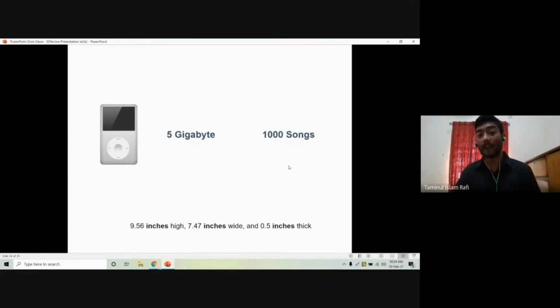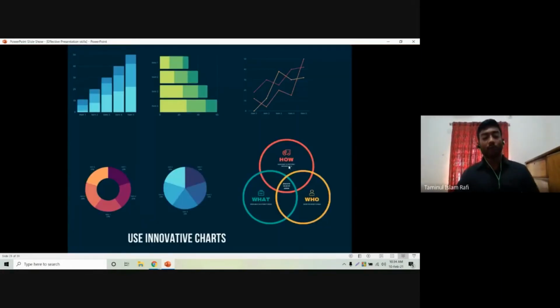Maybe 5 GB or 10 GB, and it's very small and thin, so that we can put this product in our pocket. So this is an example of how to convert your information to a story. I think this is a very innovative idea, and very effective to catch the audience's attention.